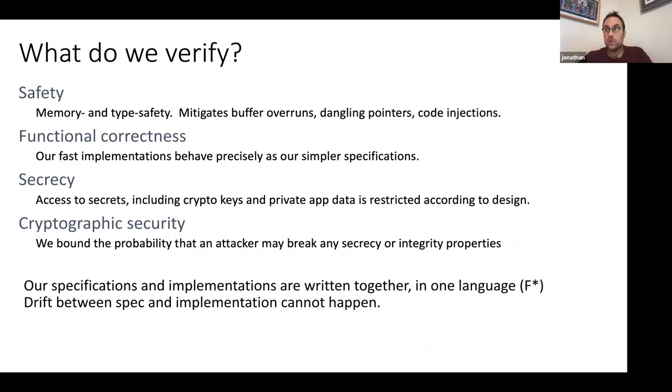Functional correctness, we showed that the crypto code and the code that we generate in general behaves exactly as the specification, which is simple, readable, and auditable. We have results about secrecy, which is that we don't access secrets wildly. And for the top of the pyramid, we have some results about cryptographic security, where we put some results in the computational model. We bound the probability that an attacker may break some security properties.